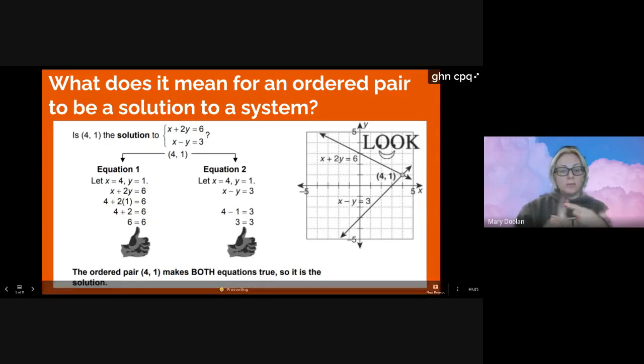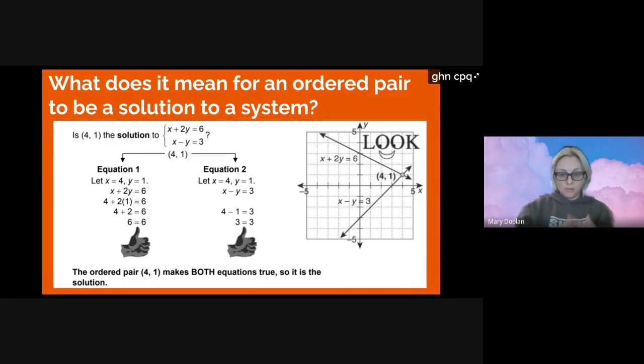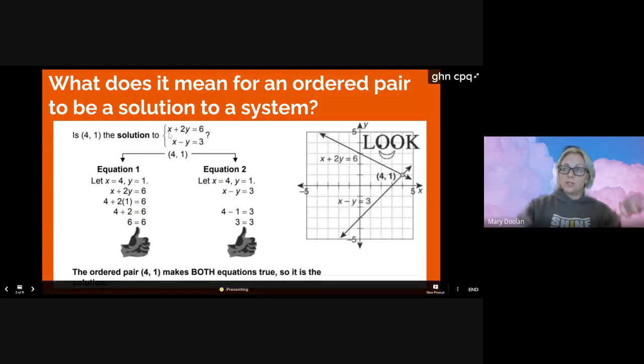The most common way that I've shown you guys is to rewrite it into slope-intercept form, plot the y-intercept, and then use the slope to plot another point and draw a line. Okay? Another way to graph a line is when they're given to you in what is called standard form. Okay, this is not slope-intercept form. Neither is this one. Both of these equations in the system are in standard form.